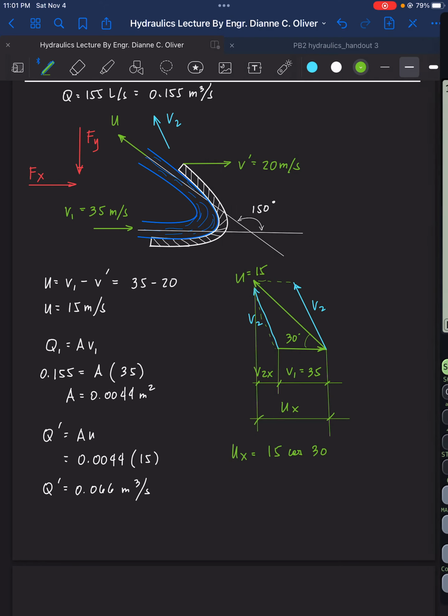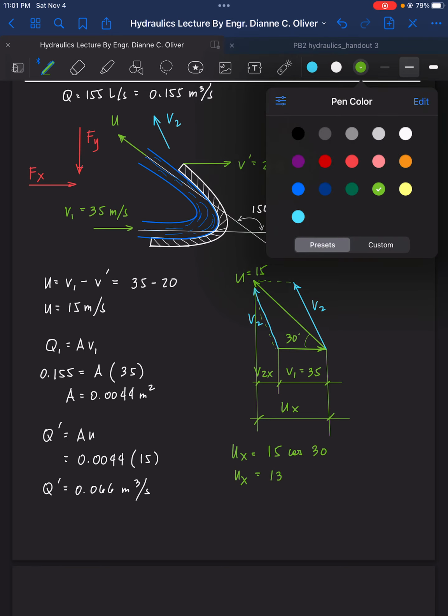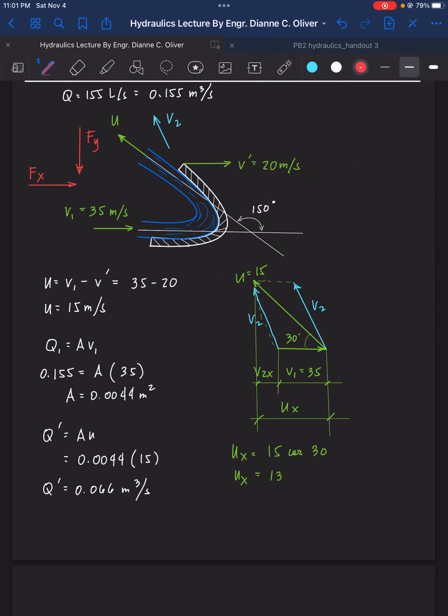That is 12.99, or that is 13. So UX is 13, and you can observe that this UX is less than the 35 there. Therefore, this assumption is incorrect. So that means the direction of V2 there is also incorrect.